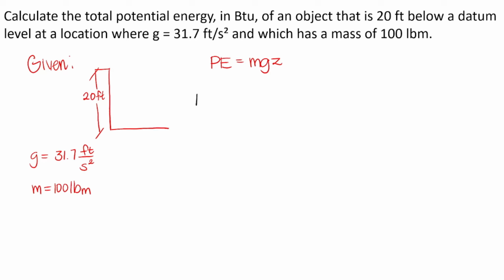So, potential energy is equal to, ano yung mass natin? 100 pound mass times the gravitational acceleration. Gravitational acceleration is equal to 31.7 feet per second squared. And our elevation is 20 feet.